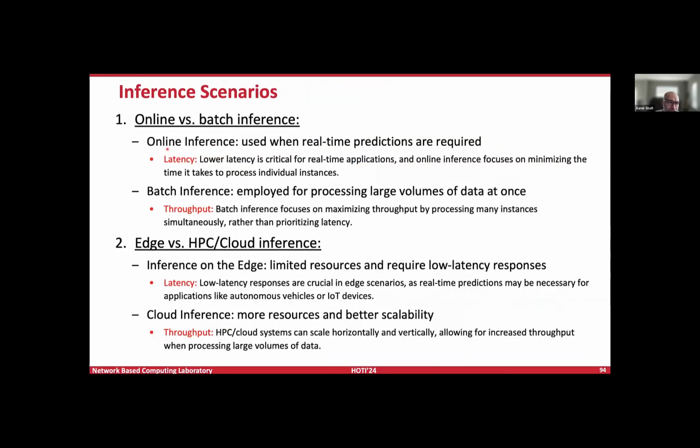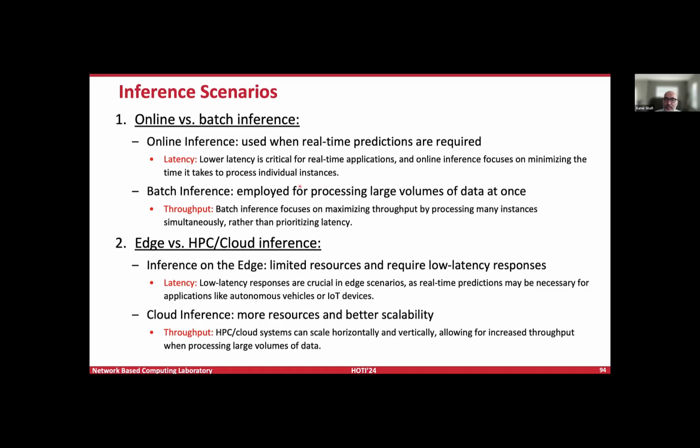A couple of aspects to think about in inference: as I mentioned, there is online versus offline, or batch, inference. Online means that I'm a user interacting with ChatGPT, or let's say I'm sitting on WhatsApp talking to Meta AI, and how fast do I get the result or the image generated by the Gen AI application?